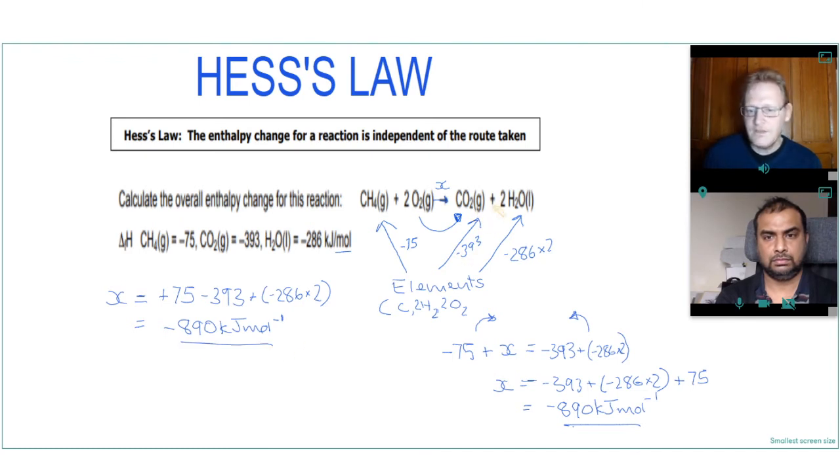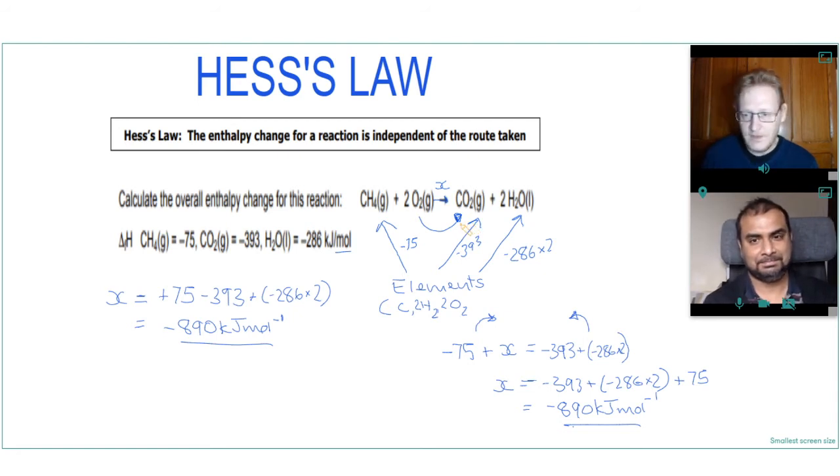And the last method we can use, and I don't like this method because we've got to remember an equation. I can never remember the equation, and students often get the equation wrong and the wrong way round. I can only actually remember the equations once I've done the cycle.